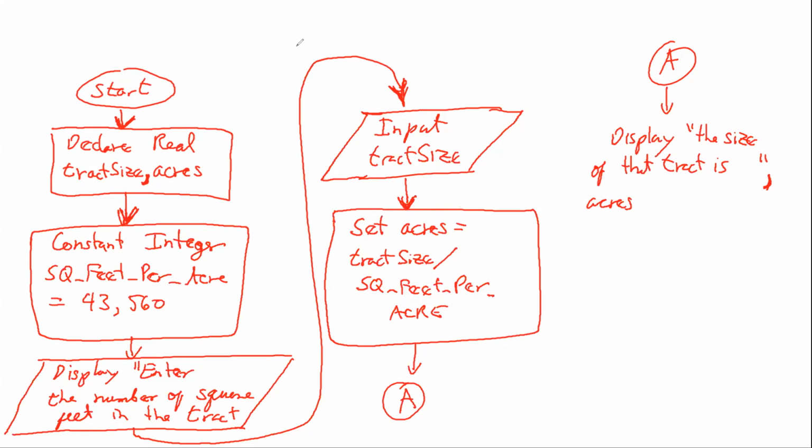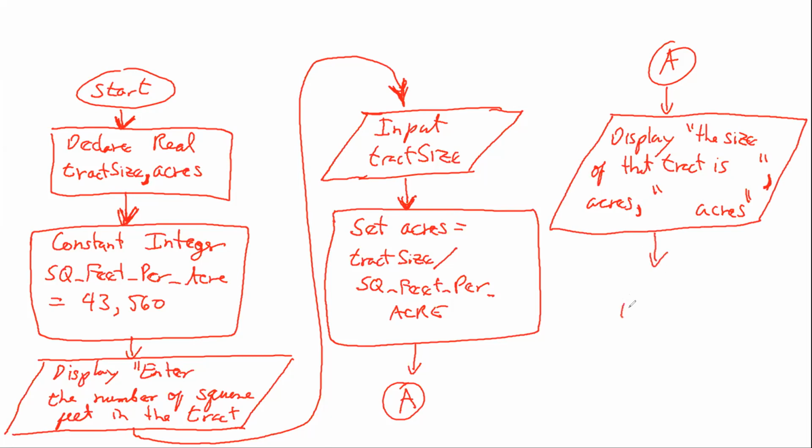Okay, and then another comma, and then double quote, space, acres. So remember, this operation is called concatenation. We're concatenating two string literals and a variable, okay? And then that's a display message, so that's a parallelogram. And there you go. Once I've completed that, I am done with my program.